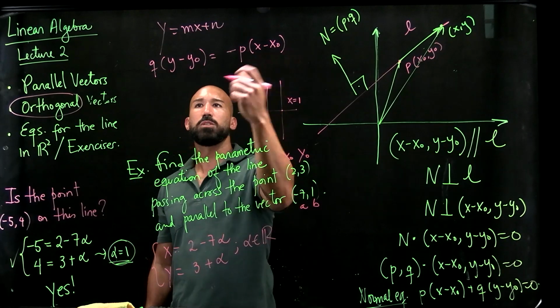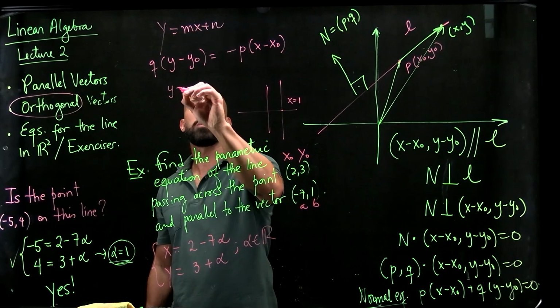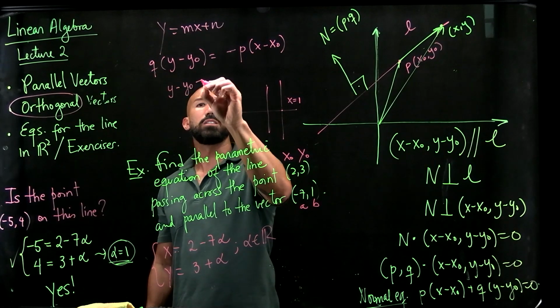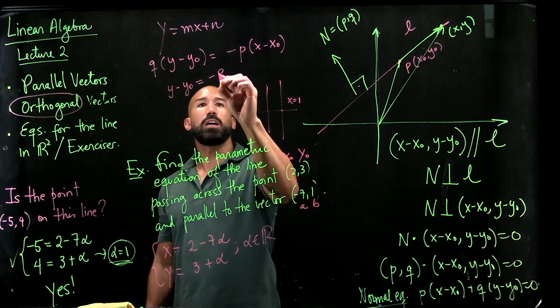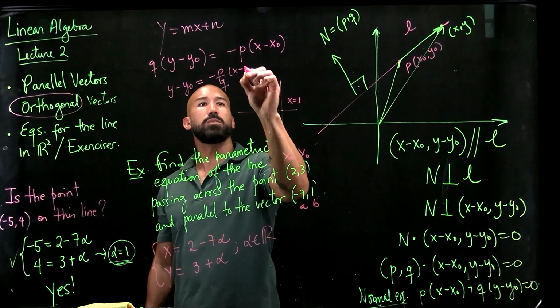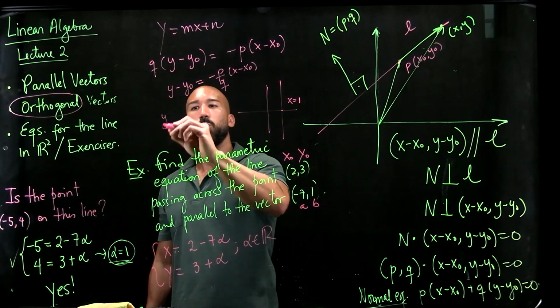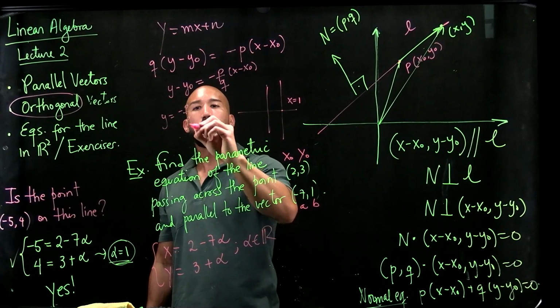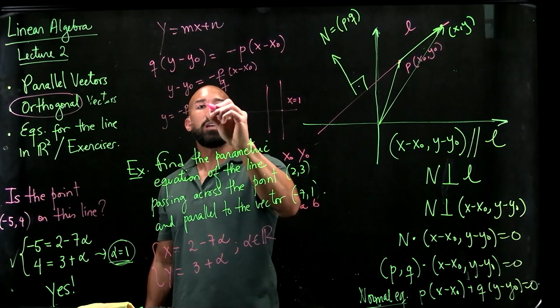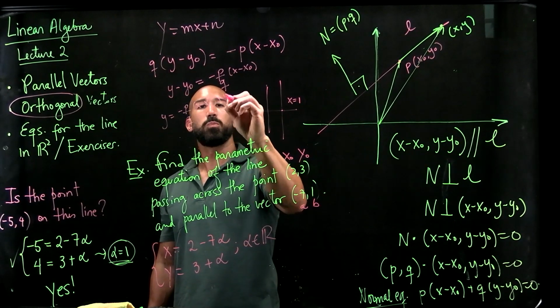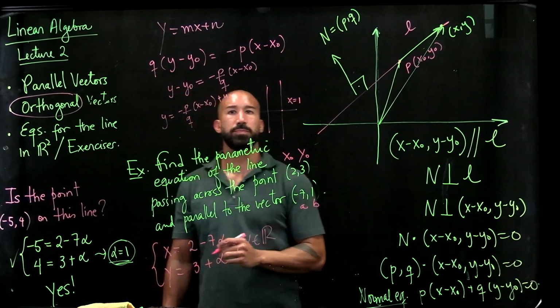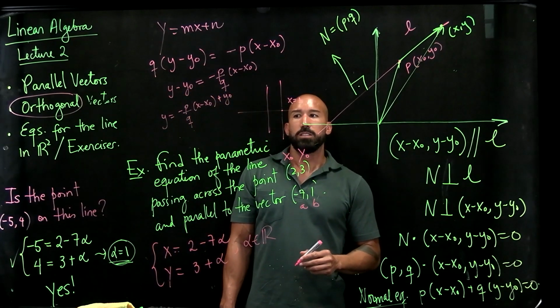different from 0, in which case I can write this as y minus y0 equals minus p over q times x minus x0. Y is equal to minus p over q times x minus x0 plus y0. Is that okay?